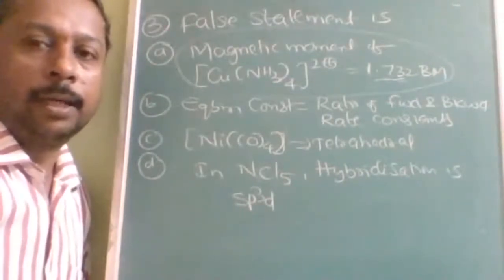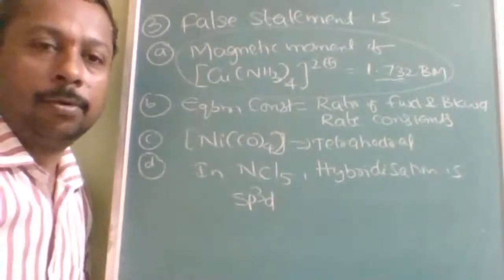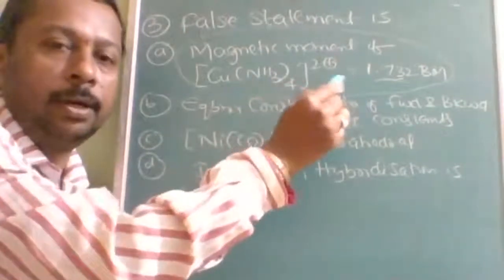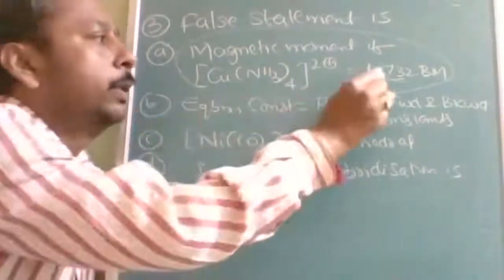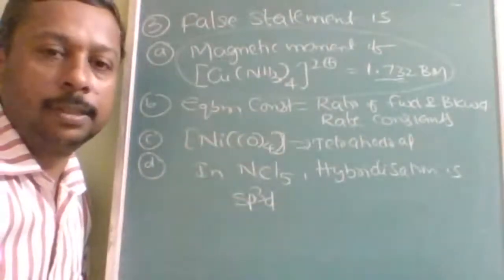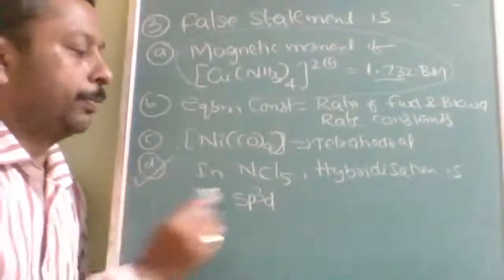Magnetic moment. See, this type of question you have to go technically, because if you start with magnetic moment, an ordinary student will start calculating the magnetic moment. You can see any sentence which you can directly confirm as a false statement, like D option.